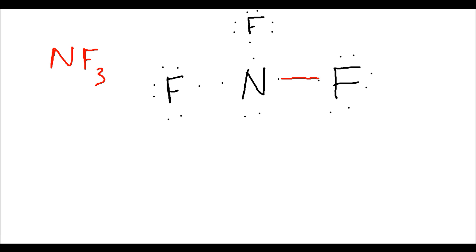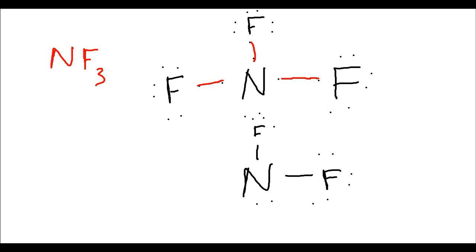If they share those two, and those two, and those two, then we end up with a Lewis structure that looks like this. And everybody is happy. If you count them all, everybody's got 8 electrons in its outer shell. We've got 3 single bonds here.